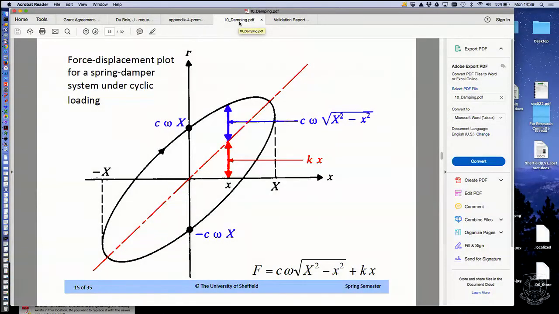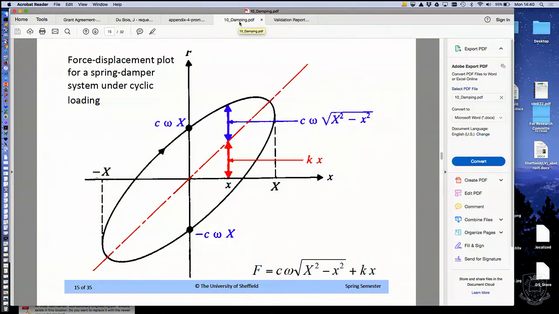So let's have a quick look at a couple of pictures now, which hopefully explain some of these concepts. Before we talk about friction, let's go back and look at the hysteresis loop. In the lecture note slides, you can find this diagram, and here you can see how this ellipse is being created by these two terms: the red line being the kx term, which is the linear part, and then the plus or minus blue part, which creates the upper and lower parts of the ellipse.